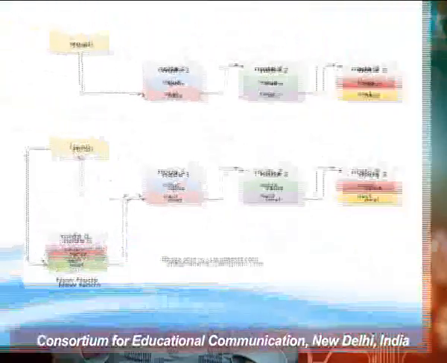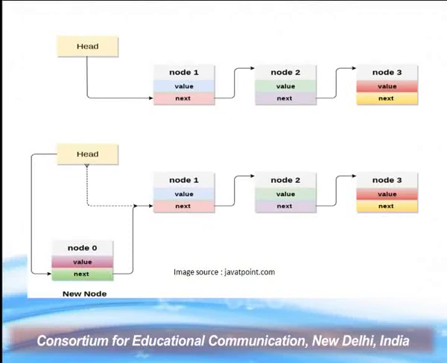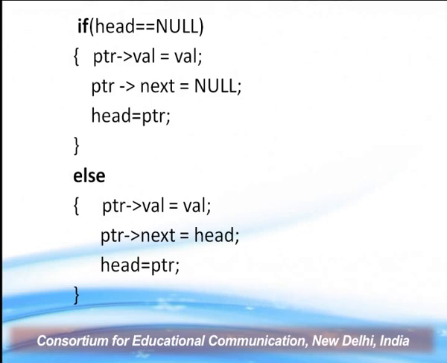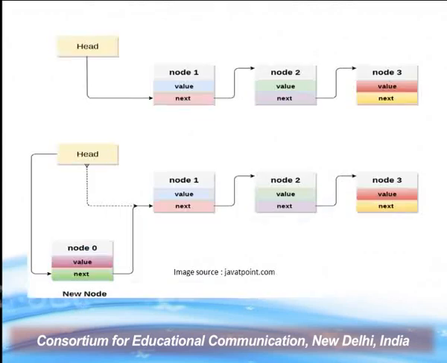Now, as you can see here, if I am going to create one node which is node 0, so node 0 has its value as val, and the address is pointing towards the previous top which is given by the head. So, I am just establishing a link between node 0 and node 1 in the second line of this else statement, where PTR next is equal to head.